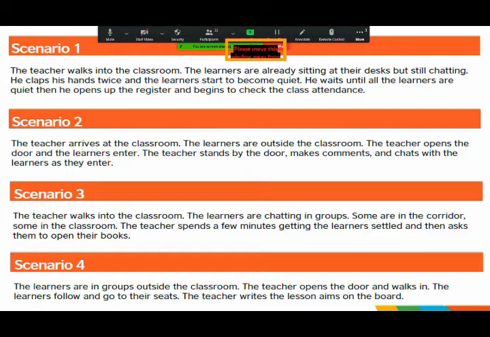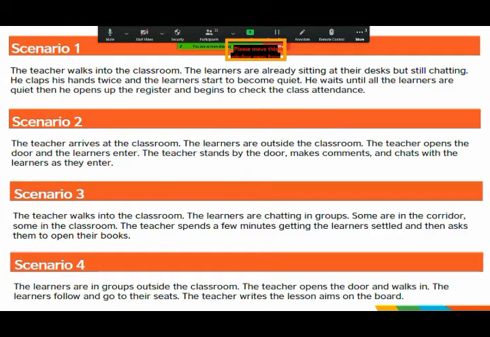Okay, so you have 5 minutes to do this activity. Okay, some of you answered this task in the Google Classroom. So please, if you answered this in the classroom, try to prepare your answer to discuss.